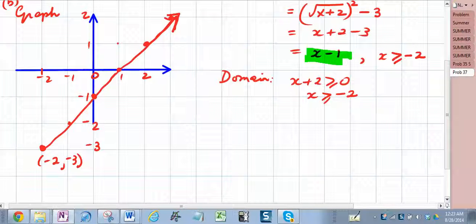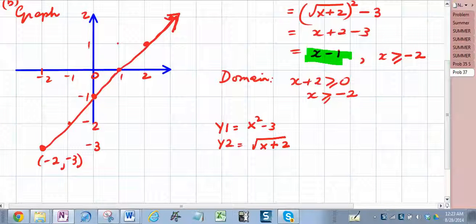One quick thing, those of you who checked your answer on your calculator, you ended up graphing y1, I believe was x squared minus 3. You graphed y2 was the square root of x plus 2.